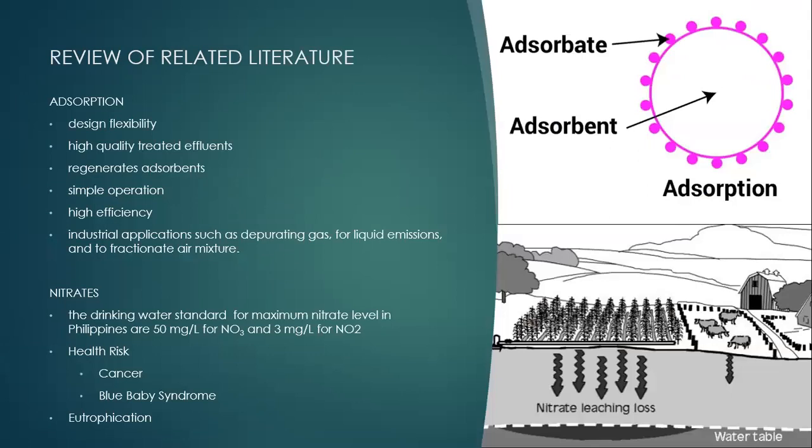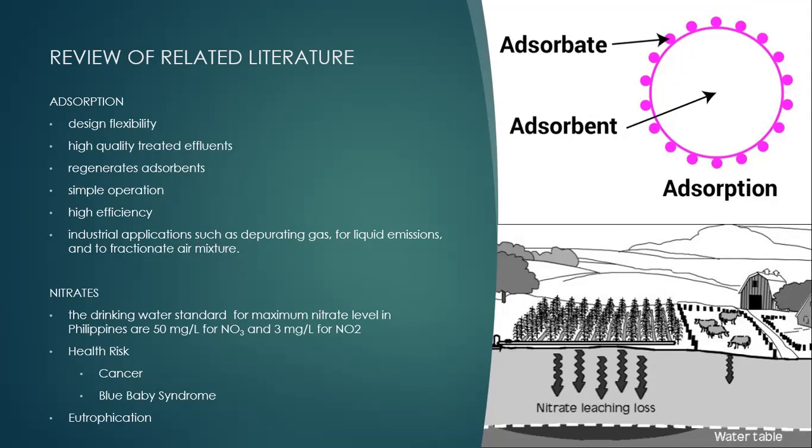For the adsorption, as in from this figure, adsorption is defined as a process where atoms, molecules, or ions, which is the adsorbate, adhere to the surface of the solid or substrate, which is called the adsorbent. In this case, the kapok fiber will act as the adsorbent, and the adsorbate would be the contaminants, which is the nitrates.